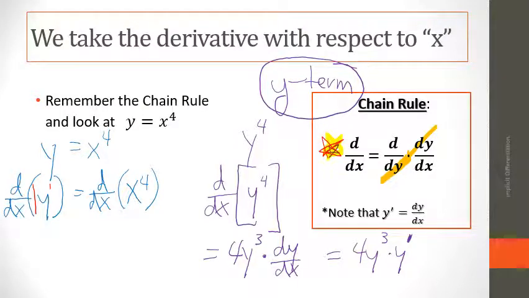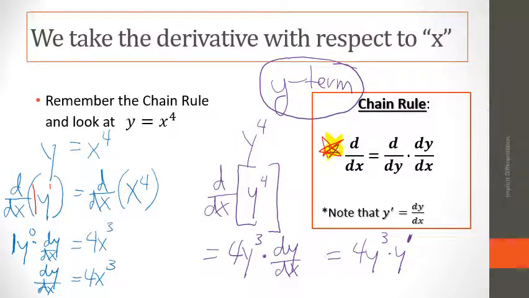So in order to find the derivative with respect to x, we first have to find the derivative with respect to y. So the derivative with respect to y would be 1y to the 0. Then we multiply that by the derivative of y with respect to x equals, and on the second one, to find the derivative with respect to x, it's just 4x cubed. So now 1y to the 0 is just 1, so we get dy dx equals 4x cubed, which we already knew, but it's just a different way of looking at it.